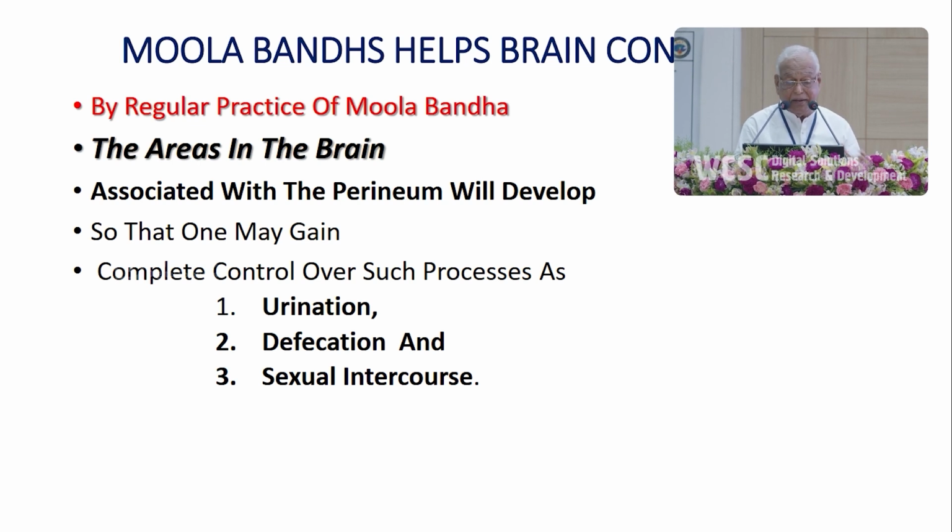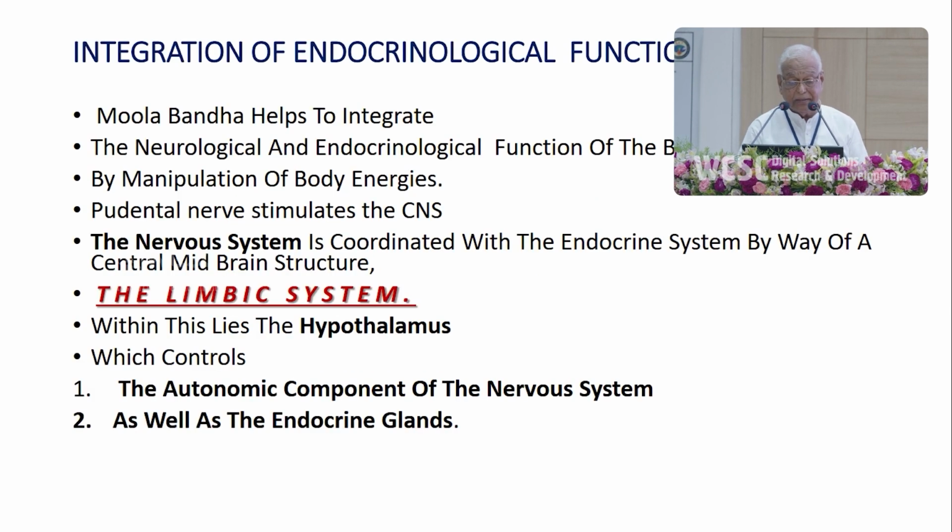So we are recreating the perineal area in the brain, so that one may gain complete control over urination, defecation and sexual intercourse. Let us see how Mulabandha connects through the neuroendocrine pathway.